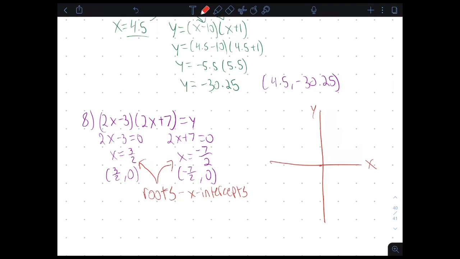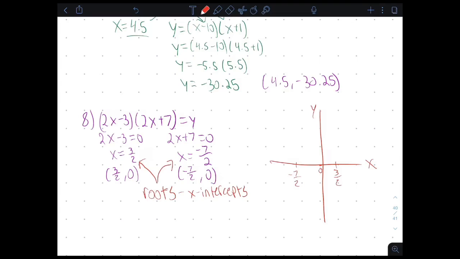If we are anywhere on this x-axis line, the y is going to be 0. So we have one point at 3 over 2, one point at negative 7 over 2. If this one's 3 over 2, I just made this spot like twice as far away from the origin.